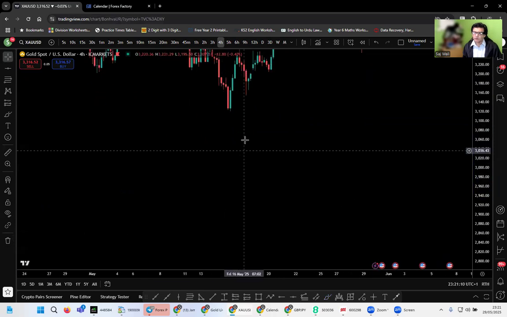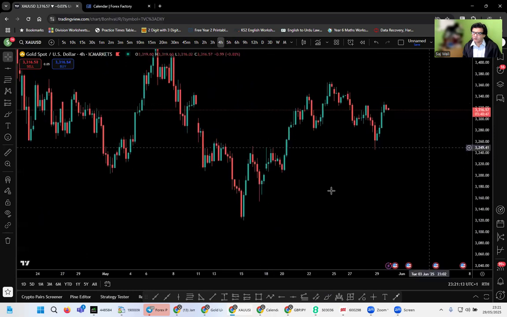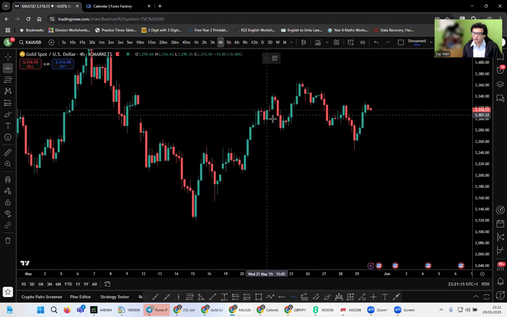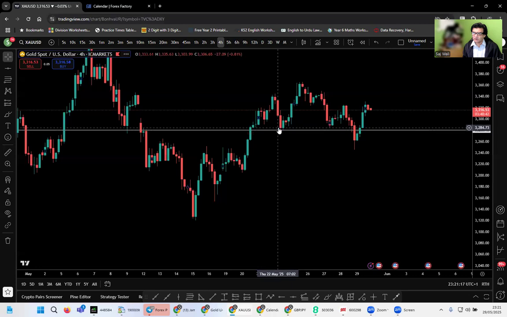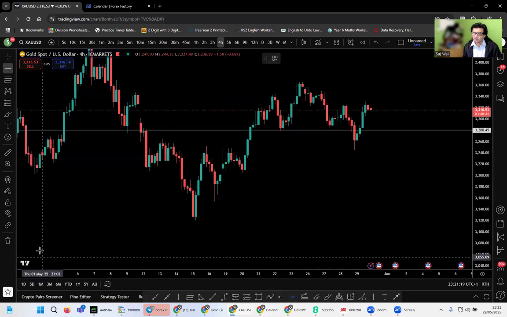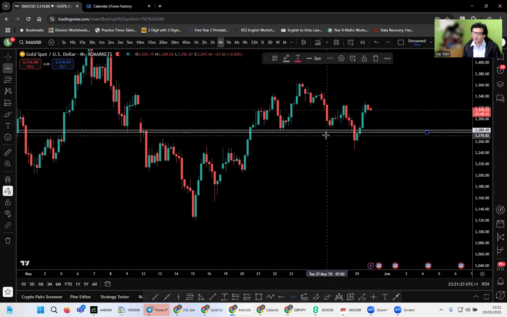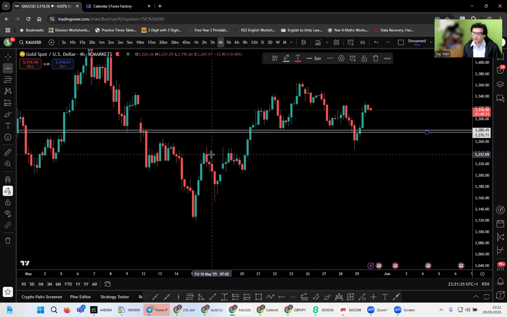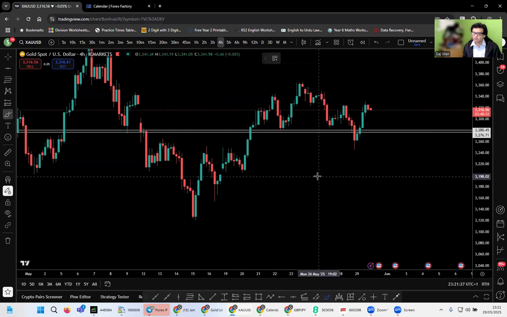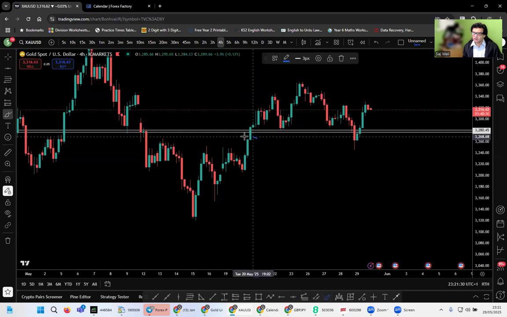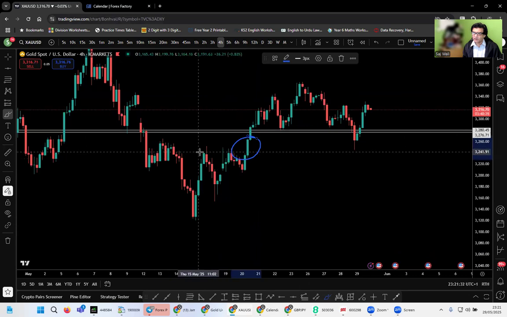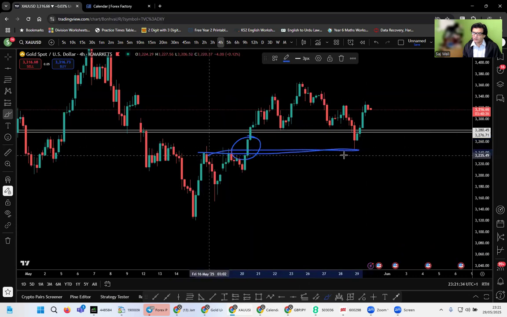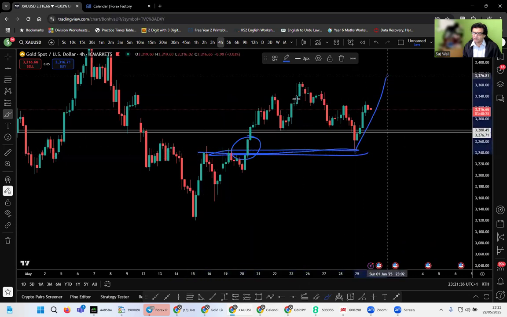Let's go to 4 hour and see what's happening in 4 hour. This was the area in 4 hour, which was just broken to the downside, and this fair value gap has been filled and market went to the upside.